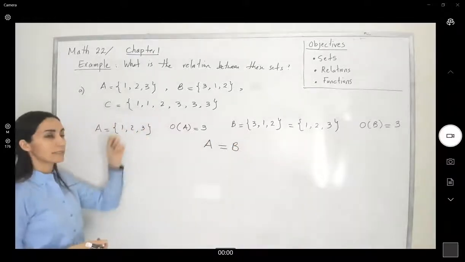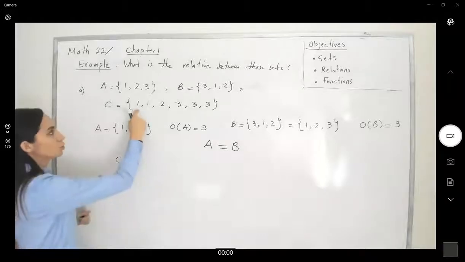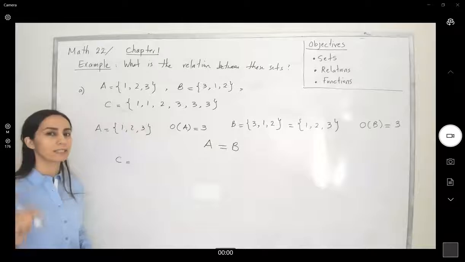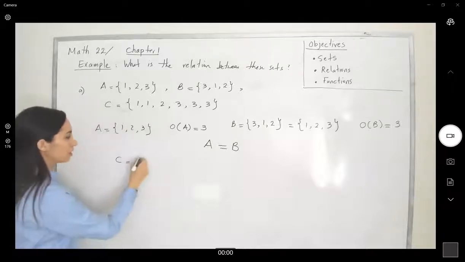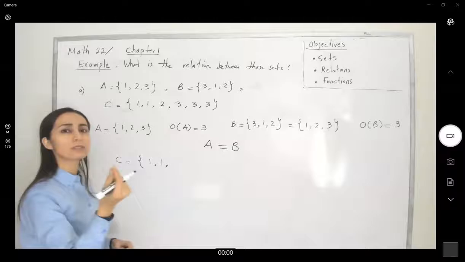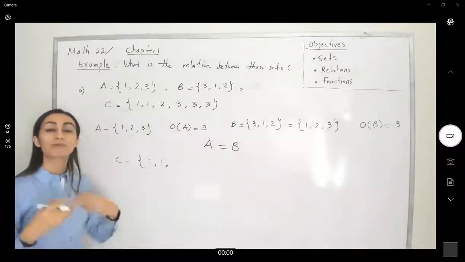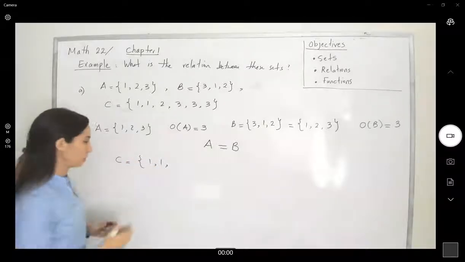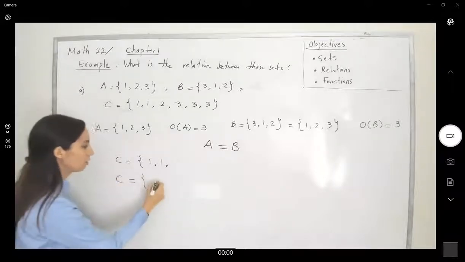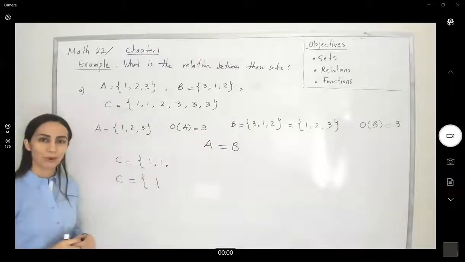Let us take a look at C. Set C has 2 1s. 1 is repeated twice in this set. I'm going to use just one of these two to represent number 1. So I'm going to write down 1 as the representative of these 2 1s.